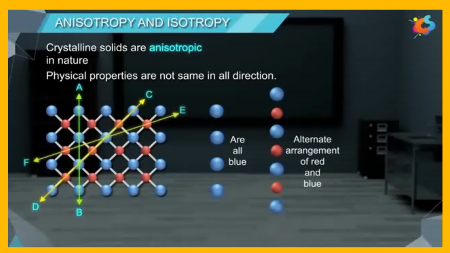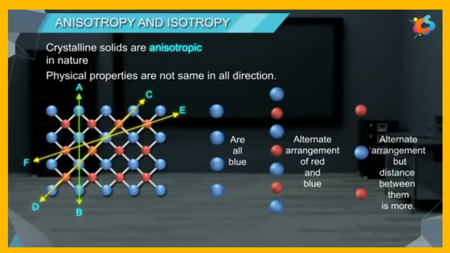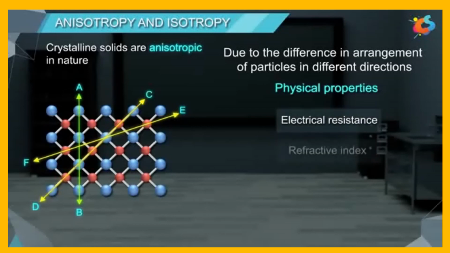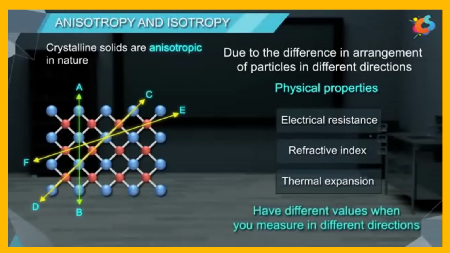Now, if we consider this direction, the arrangement is again alternate, but the distance between them is more. Due to the difference in arrangement of particles in different directions, physical properties such as electrical resistance, refractive index, thermal expansion, etc. have different values when we measure in different directions.